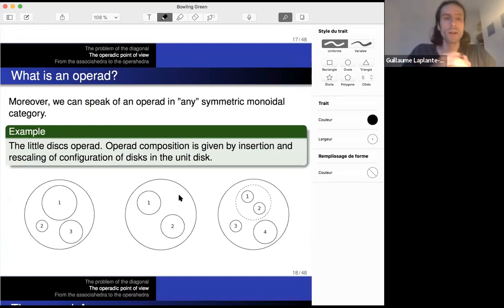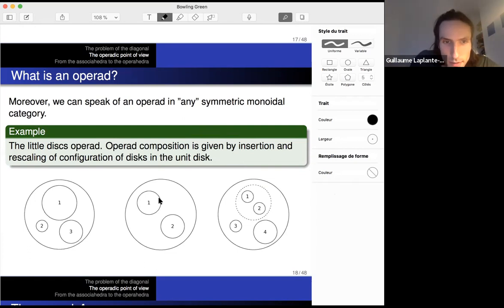Maybe just a word to say that operads exist in any symmetric monoidal category. They actually come from topology. There's this famous operad, which is the operad of little disks. You consider configurations of disks in the unit disk, and you compose them by inserting a configuration into one disk of another.